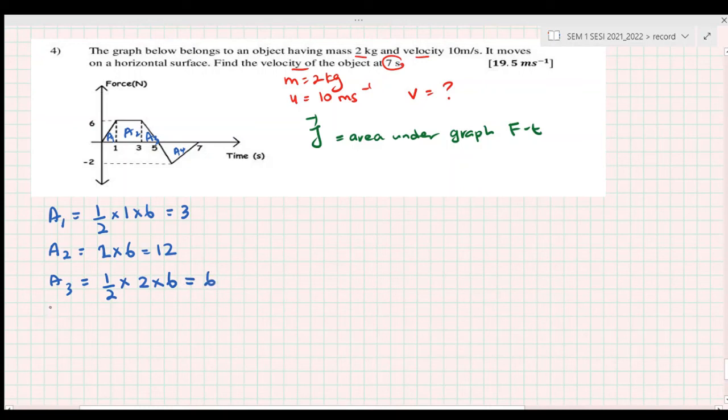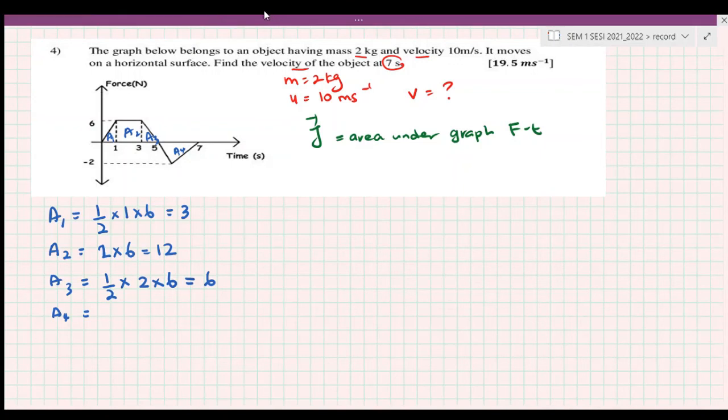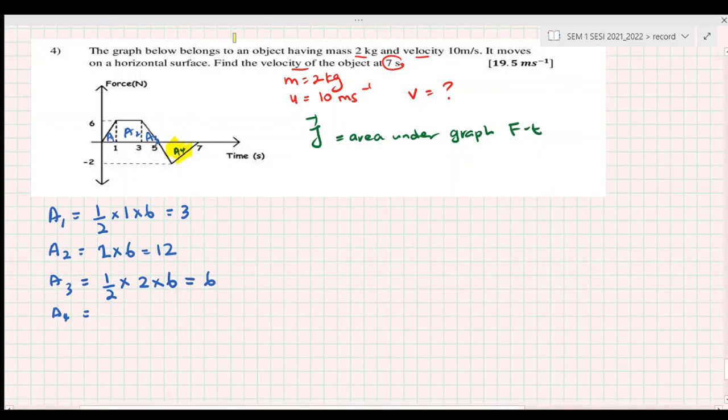The fourth area involves the negative Y axis. Force is a vector quantity, so we have to consider direction.